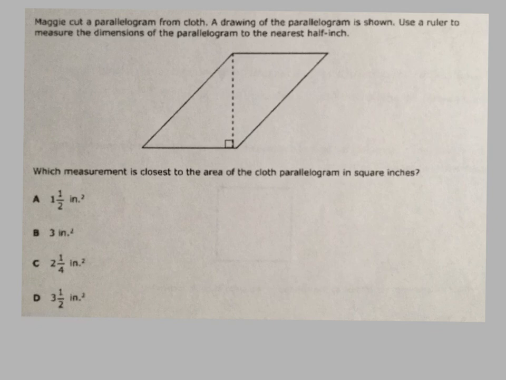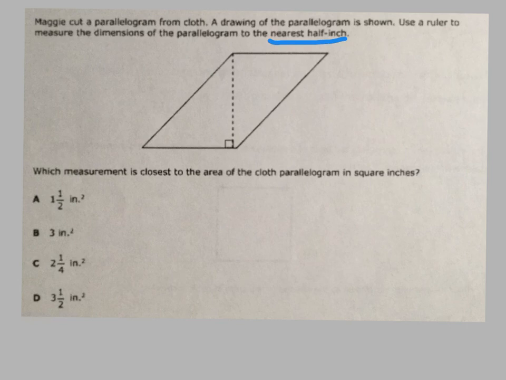Maggie cut a parallelogram from cloth. A drawing of the parallelogram is shown. Use a ruler to measure the dimensions of the parallelogram to the nearest half inch. Which measurement is closest to the area of the cloth parallelogram in square inches?